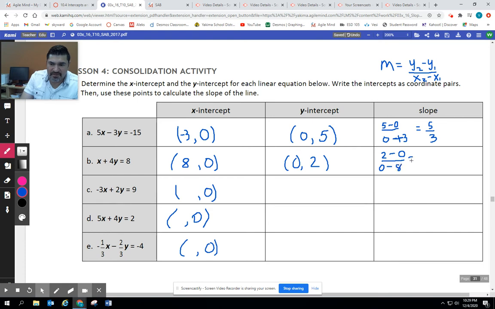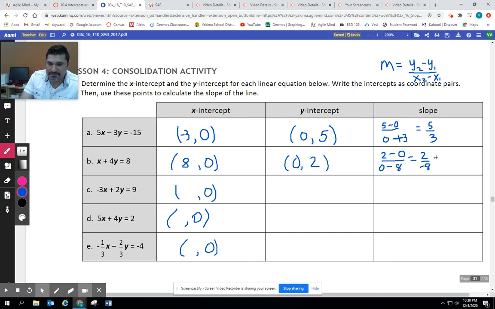All right, so on top, I have 2 minus 0. That's 2. These are really simple problems, but it's really easy to get these confused, especially when you have double negatives and such things like that. But if you stay organized, it's just real simple math. 2 minus 0. 0 minus 8 is a negative 8.